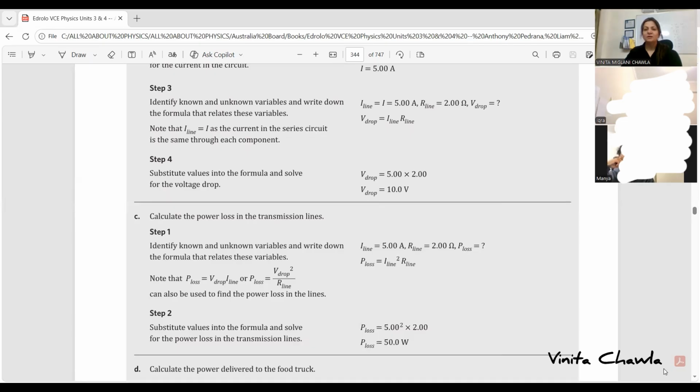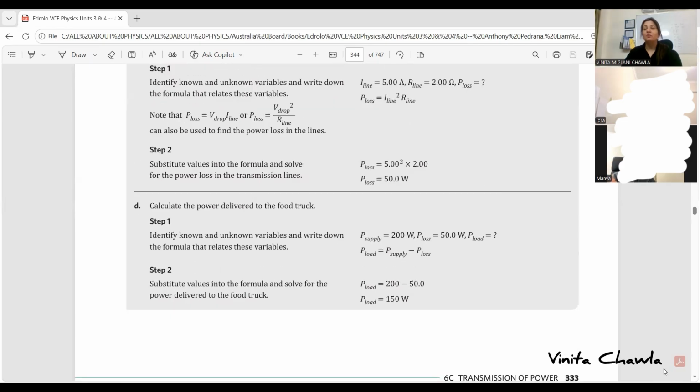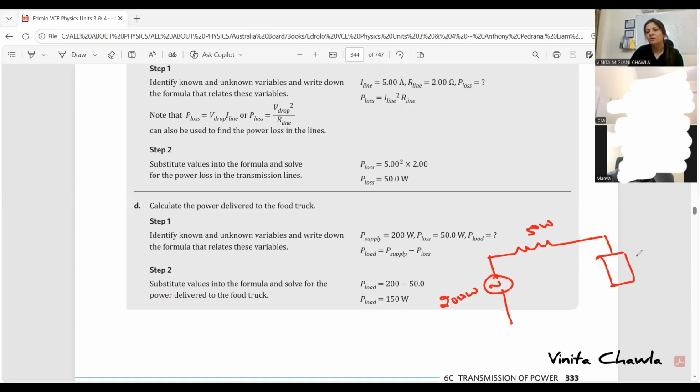And in the next question, we have to find the power delivered. So the power supply is 200 watt and power loss is 50 watt. So we can find power load. The way we find for voltage, in the same way we can find for power. So if in the supply section we have a power of 200 watt, and the loss is 50, then what power do we expect would be delivered here in the load? 50 is the loss.